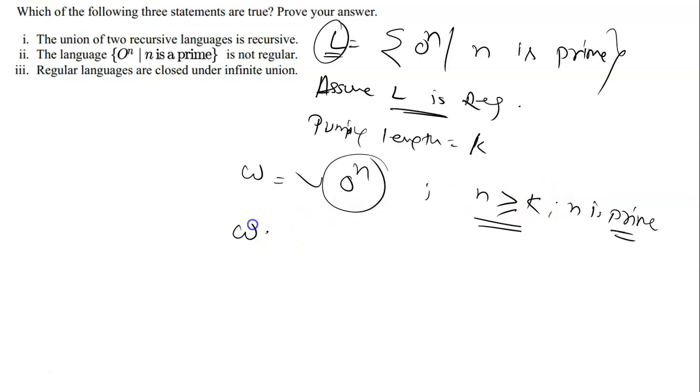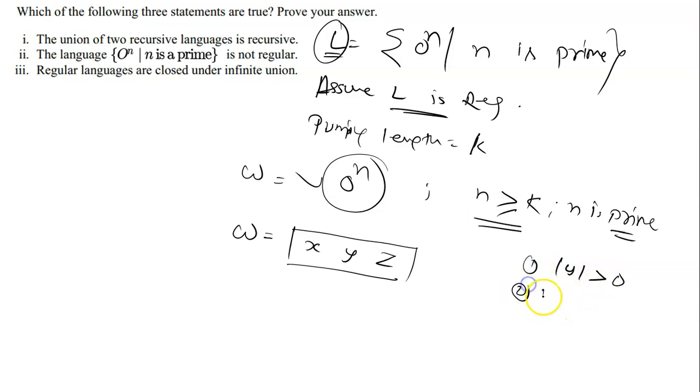So we should be able to partition w in three parts x, y, z such that all three conditions are satisfied. The first condition: the length of y should be greater than 0. The second condition: the length of xy should be less than or equal to k. And the third condition: x y power i z should belong to L for all i.